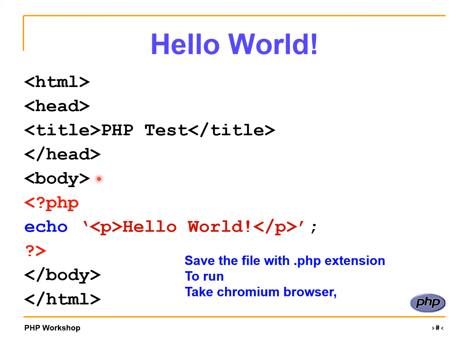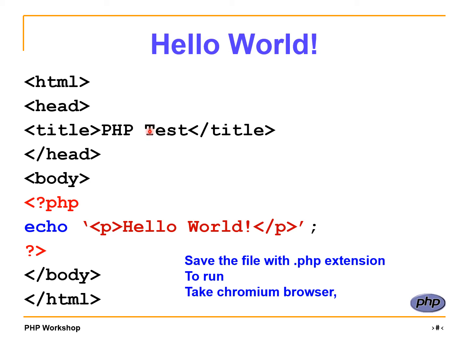Then the body contains a PHP opening tag, then echo in single quotes p hello world /p. The data in the single quotes will be displayed, then a PHP ending tag, then body is closed and html is closed.